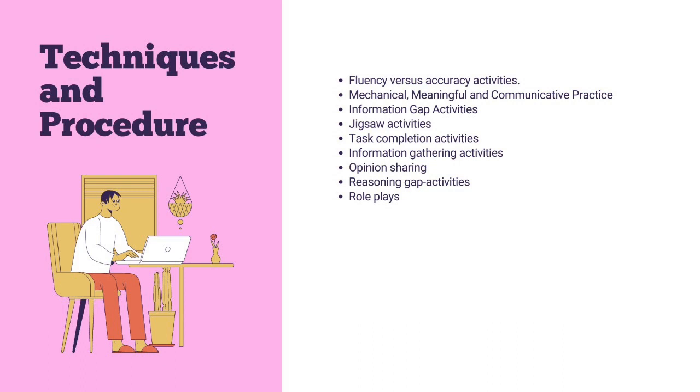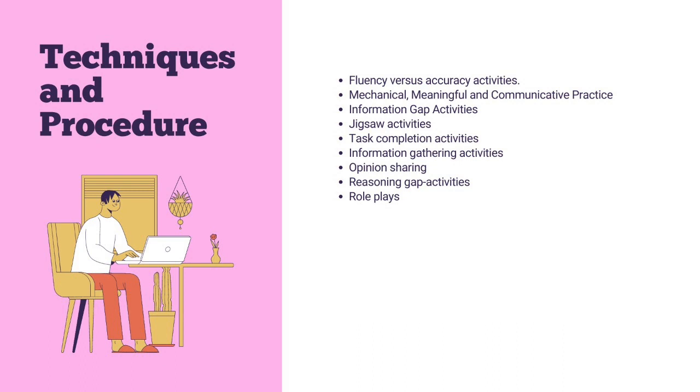And number six is information gathering activities. In this activity, students are required to conduct surveys and interviews to collect information. And next, opinion sharing. For example, students are given tasks to put in order the important qualities for choosing someone to be a wife or husband.